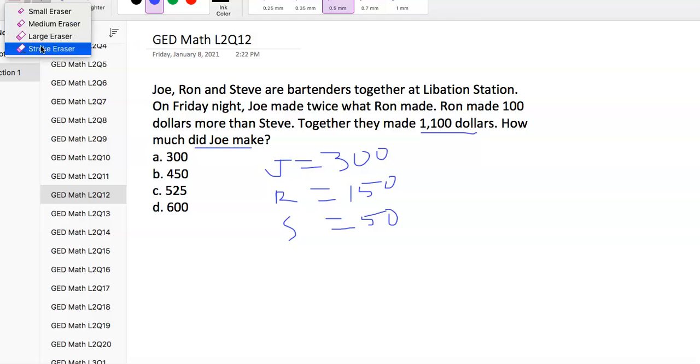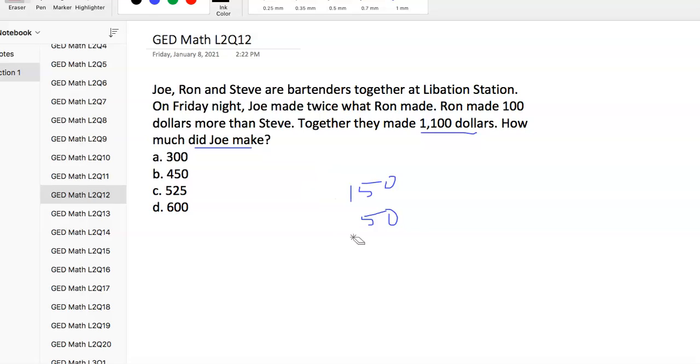So, eraser. If it was way too low, then let's look at answer choice D, which is the biggest one there. Let's say Joe is 600. Joe made twice what Ron made, so 600 divided by 2 is 300.